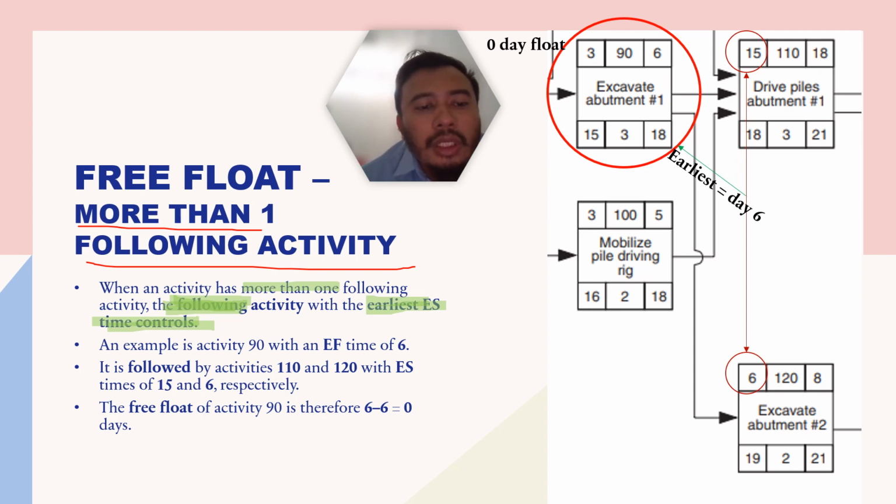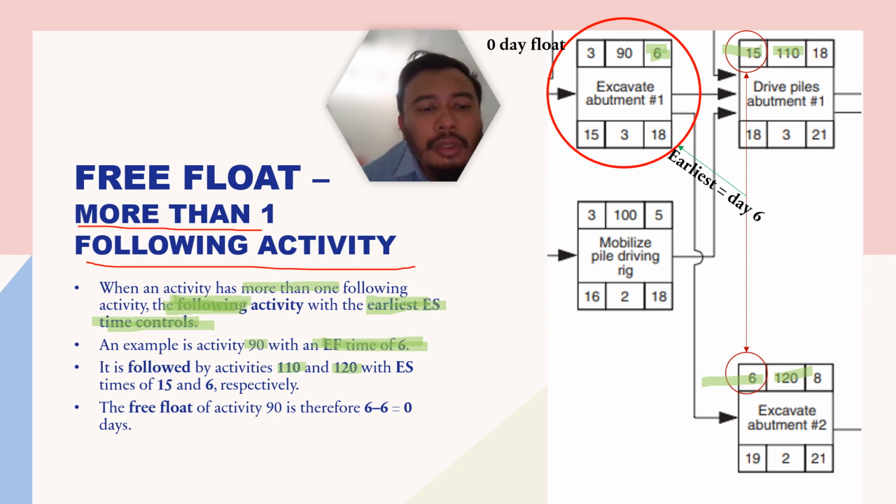An example is activity 90 with earliest finish of day 6 here. So your EF is day 6. The following activities, which are 110 and 120, have ES, earliest start, of 15 for 110 and day 6 for 120.